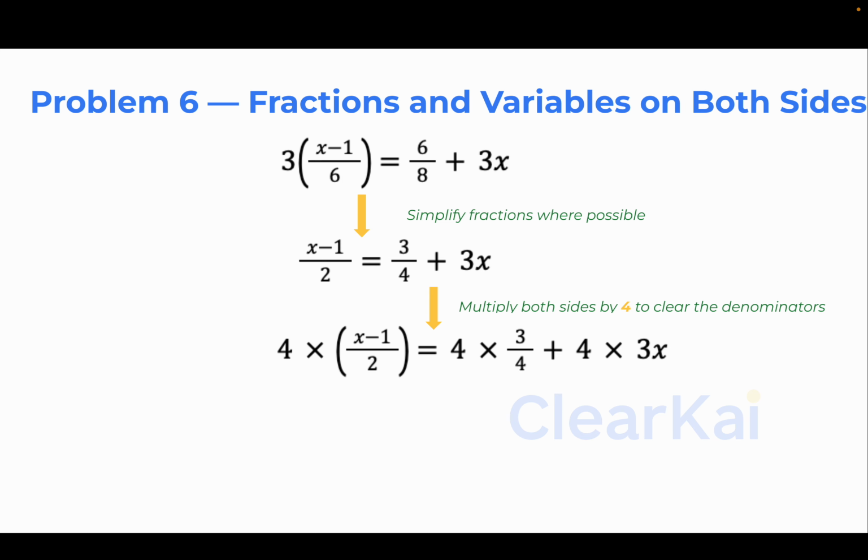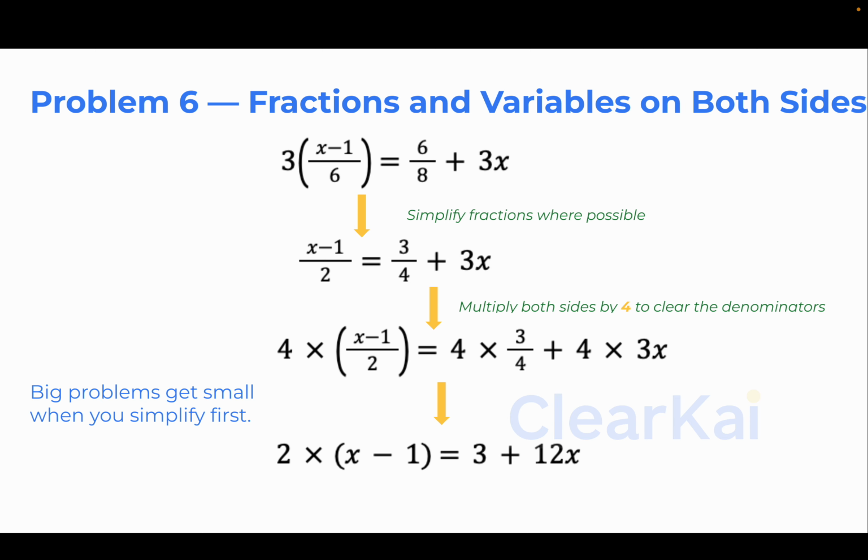On the right, 4 times 3 over 4 becomes 3. So now we have 2 times (x minus 1) equals 3 plus 12x. And look, the fractions are gone. Now it's just a regular linear equation we can solve using the same 2 steps, simplify and isolate. Remember, big problems get small when you simplify first.